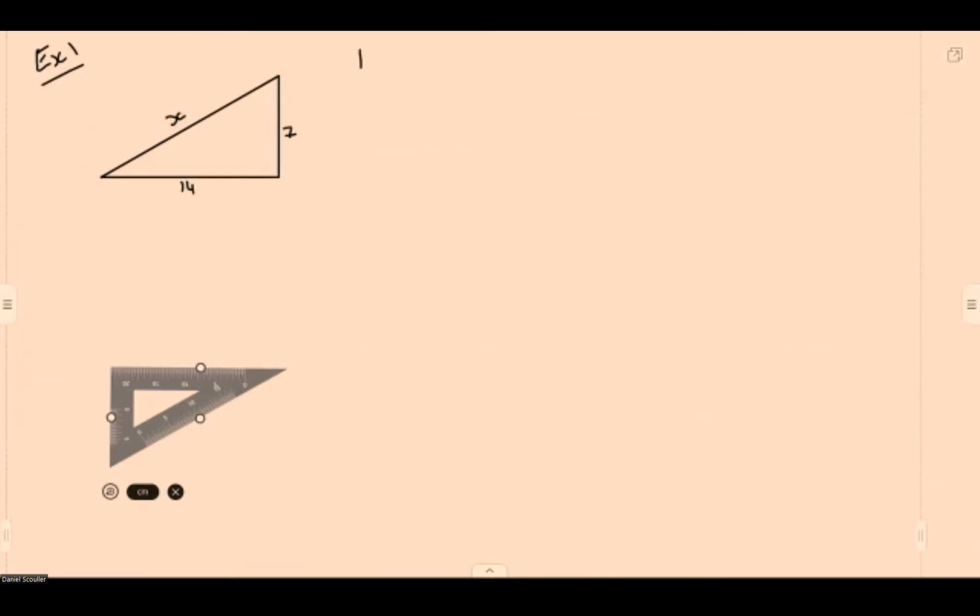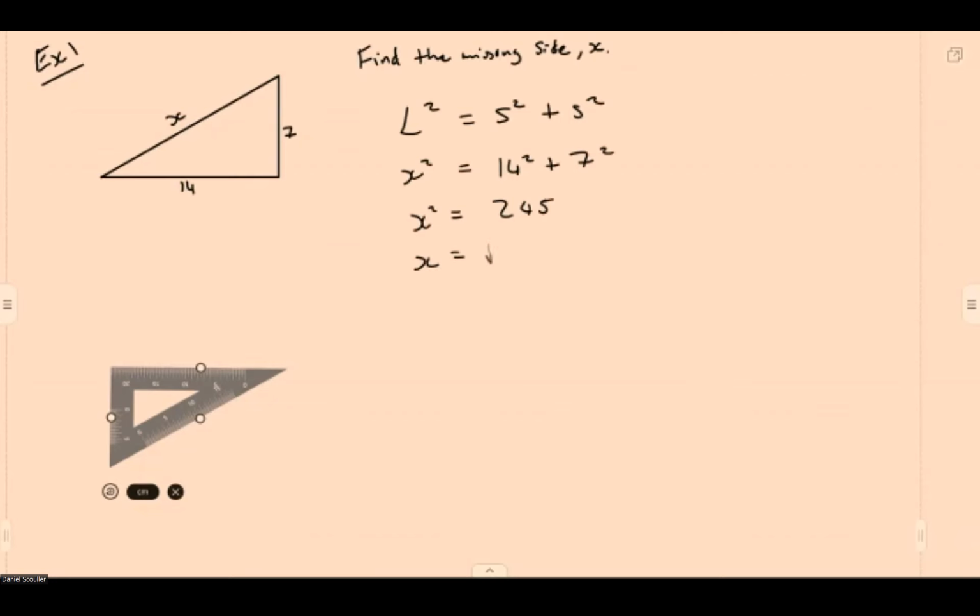If you're trying to find x, the missing side, they might use any letter, or they might use 2 points. But if you're trying to find the missing side, you can label however you want. Remember, it's just the long side squared equals the short side squared plus the short side squared. So the long side squared we've labelled as x, short sides 14 squared plus 7 squared. Okay, x squared equals 245, and now just a case of working that one out.